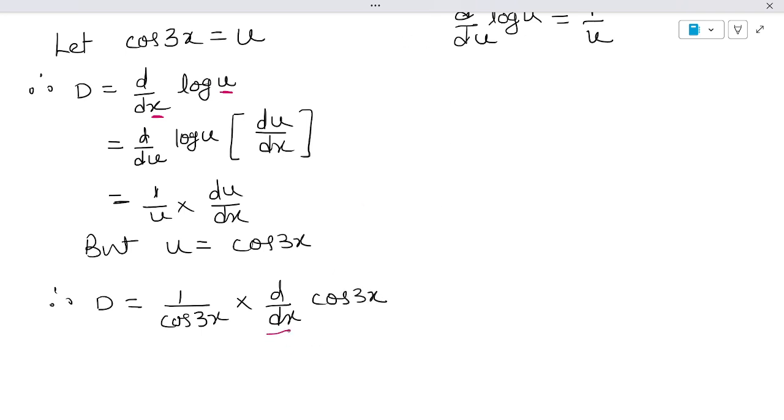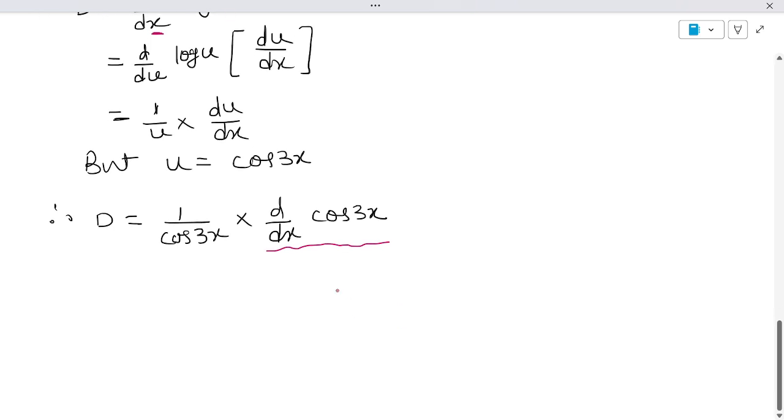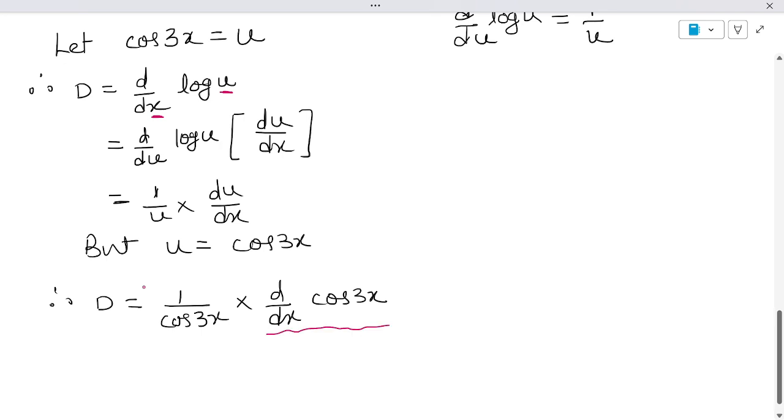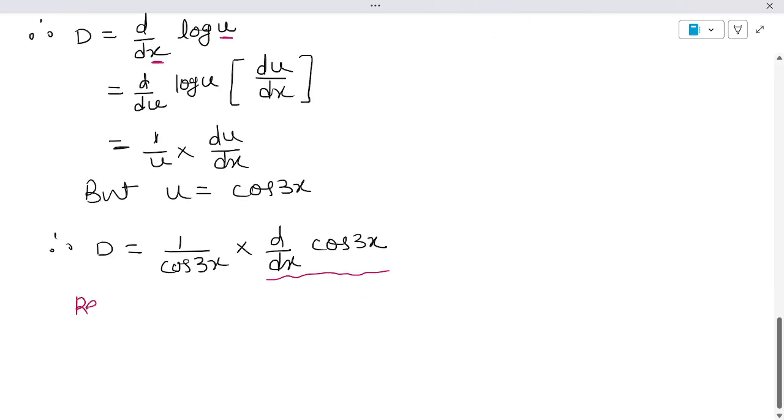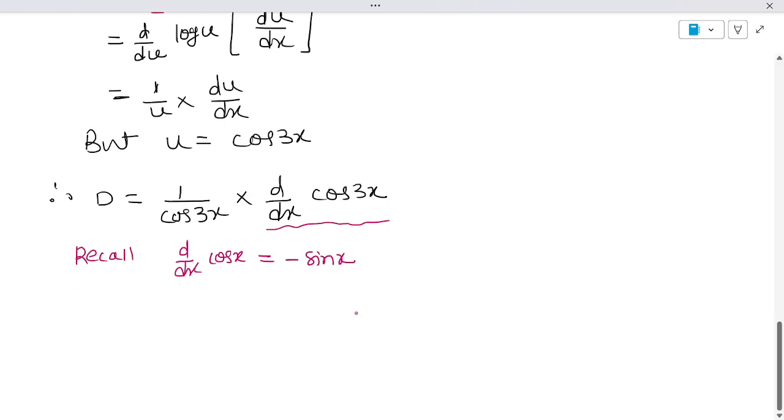Now again we have to find this derivative of cos 3x. So there is no standard formula of derivative of cos 3x, but recall again here, derivative of cos x with respect to x is minus of sin x. If we write x as u, so derivative of cos u with respect to u, can you guess this?